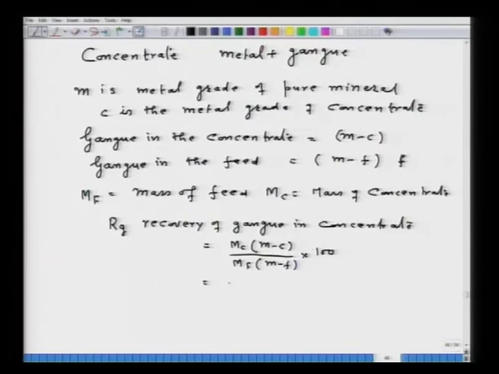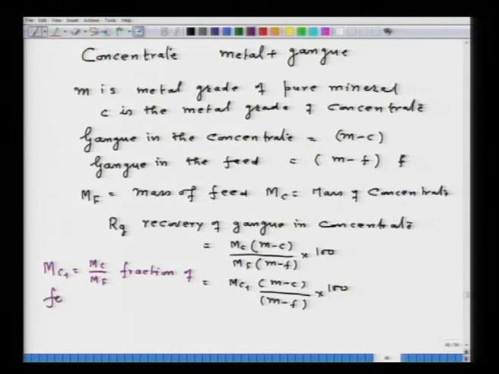We can also put it as equal to MC1 into (M minus C) upon (M minus F) into 100, where MC1 is equal to MC upon MF, that is the fraction of feed reported in the concentrate.